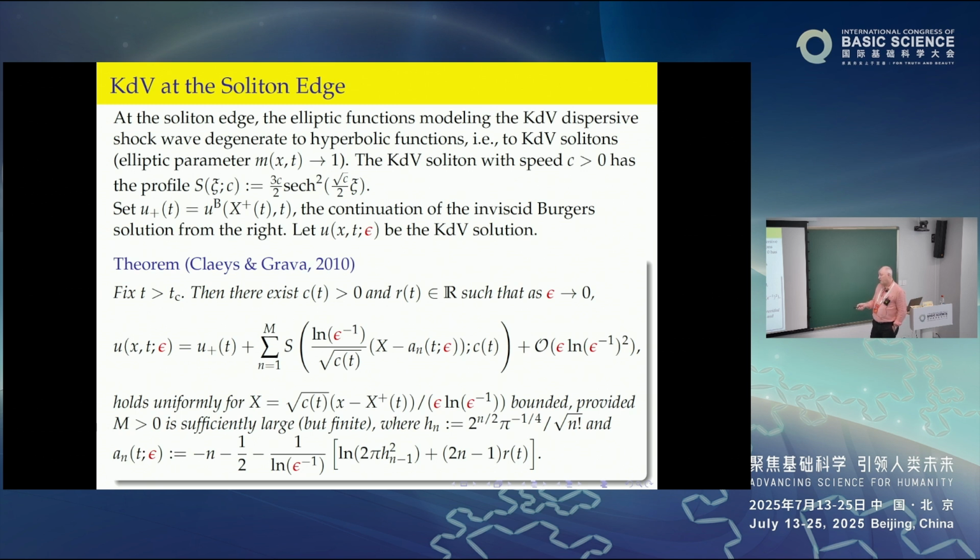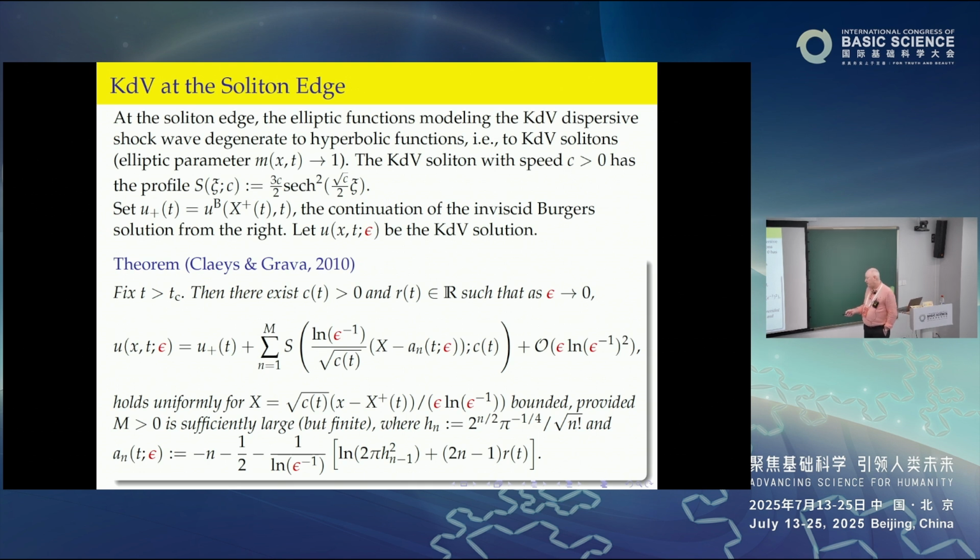So there's log of 1 over epsilon, square root of c is just the speed parameter, that's natural, and then x minus some center position, a_n of t and epsilon, plus an error term that's proportional to epsilon log epsilon to the power 2. Okay, so this formula holds uniformly as long as this capital X variable, which is basically x minus edge divided by epsilon log epsilon, is bounded. And provided you choose this M to be sufficiently large compared to your bound on that quantity, okay?